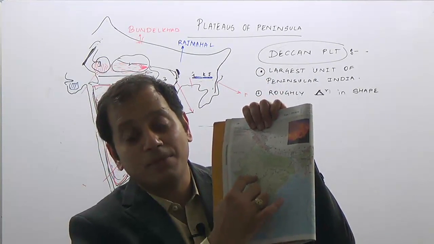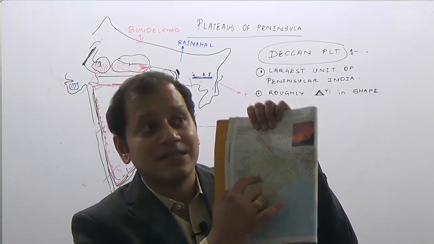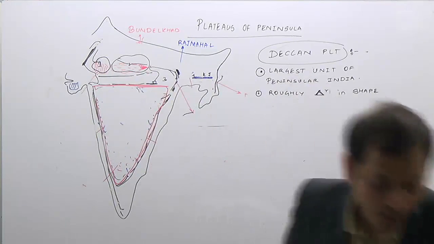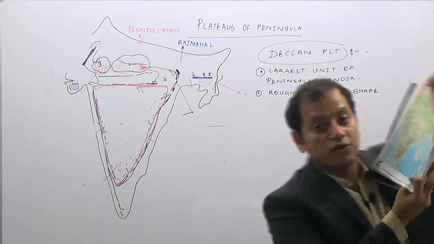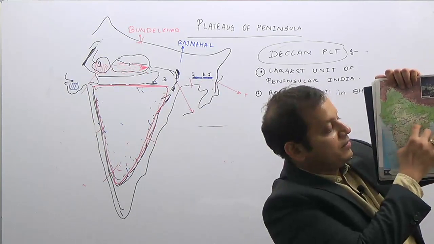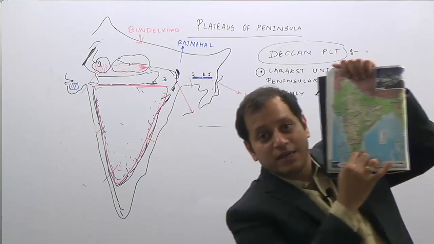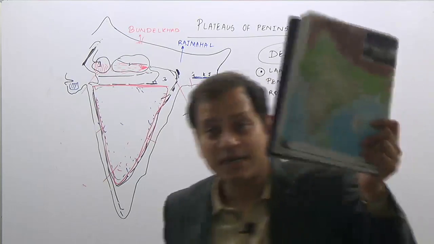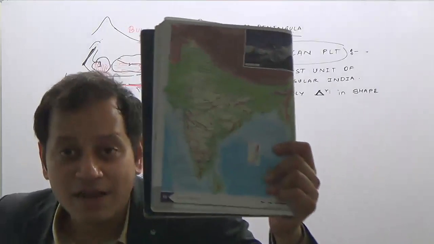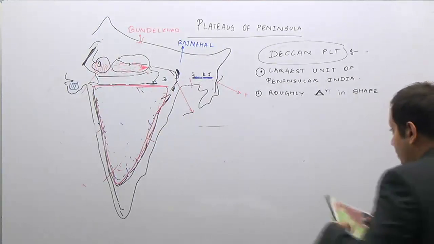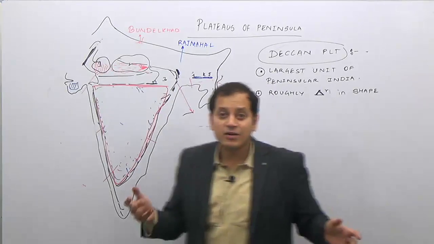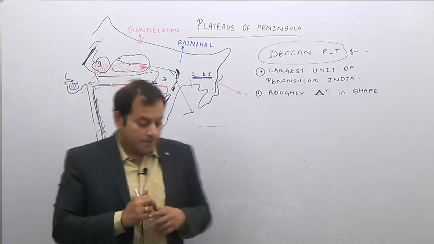The part to the south of the Vindhyas and the Satpuras is the Deccan Plateau region. Have an idea, and you will see there are numerous hills in the Deccan Plateau region. So it is roughly triangular in shape.